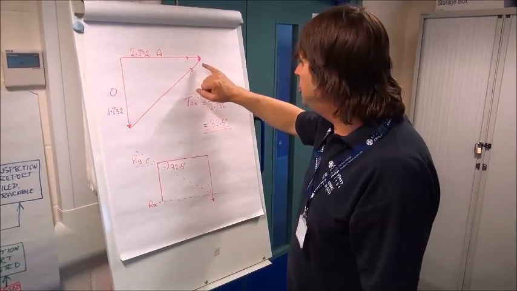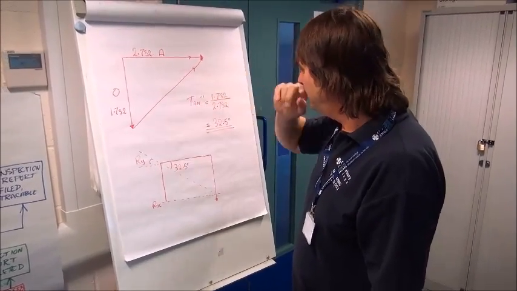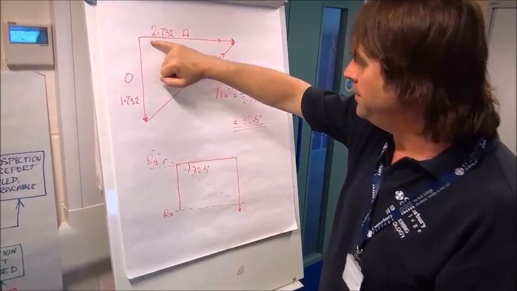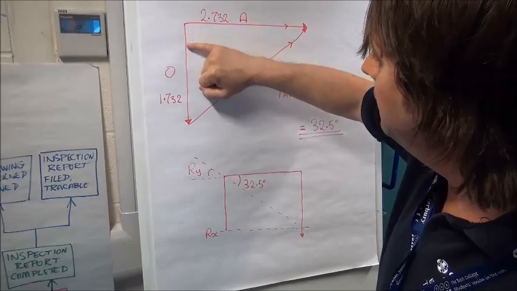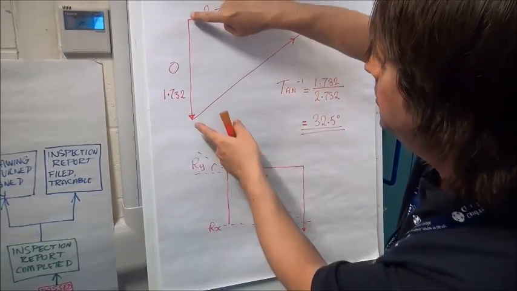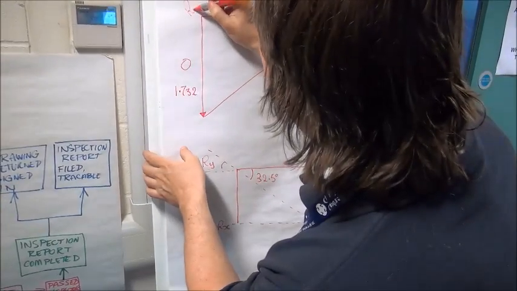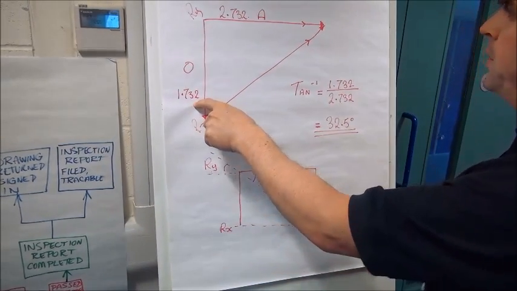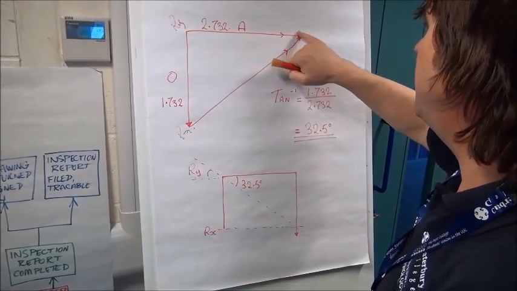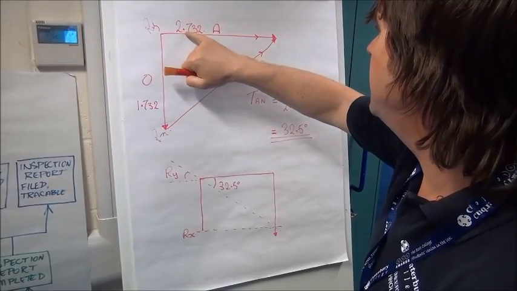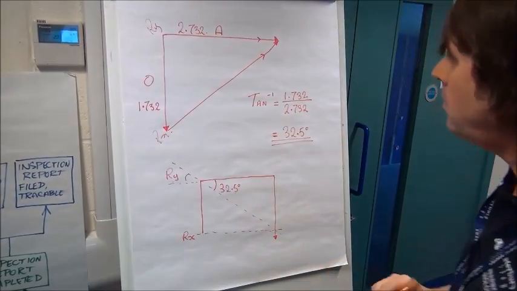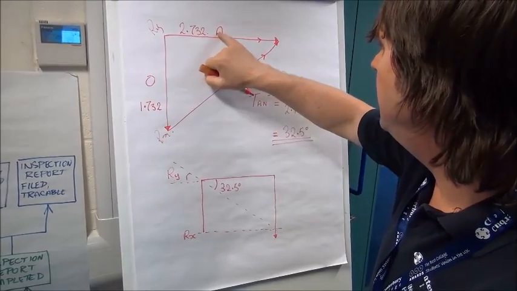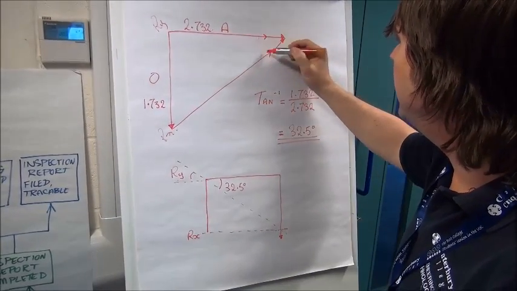Right. To work out the angle of the reaction, Ry here, we can use trigonometry. From our framework, you would have seen that the vertical stanchion, the distance between Ry and Rx, was 1.732, and our top horizontal member had a distance of 2.732 as well. So we use the opposite over the adjacent, which is equal to the tangent of the angle.